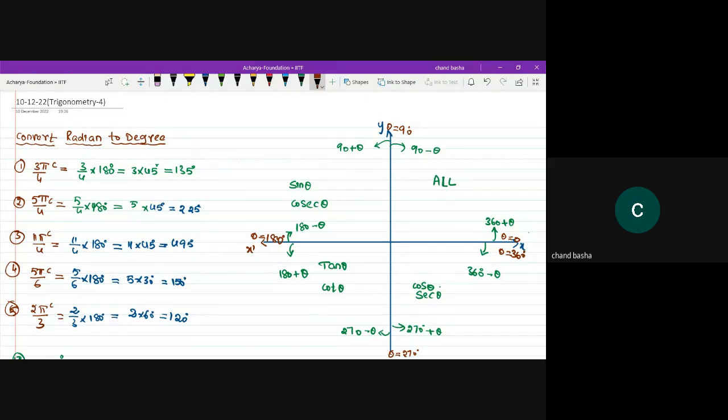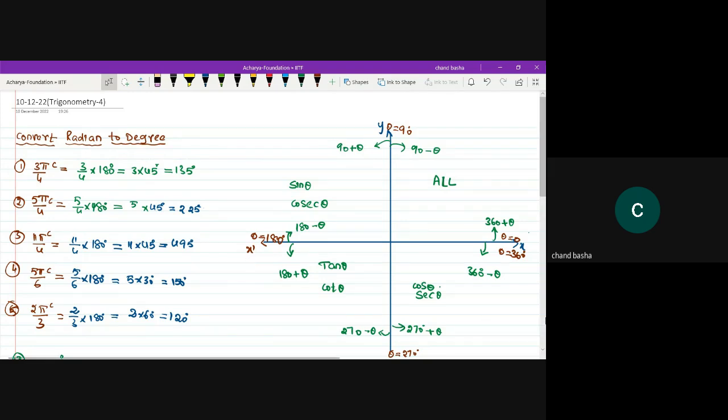For everything I'm discussing here, we have the proofs. As I said, at this level it is not possible. I proved one point, for 90 minus theta. Similarly, we can prove for 90 plus, 180 minus, 180 plus, even 360 minus and 360 plus also. If we prove all these points, it takes a minimum of 30 days just for the introduction of trigonometry.